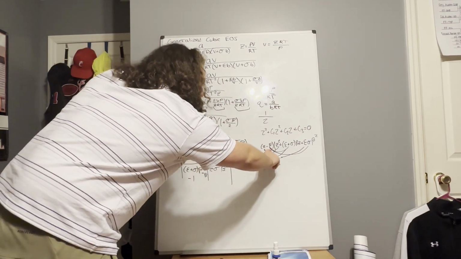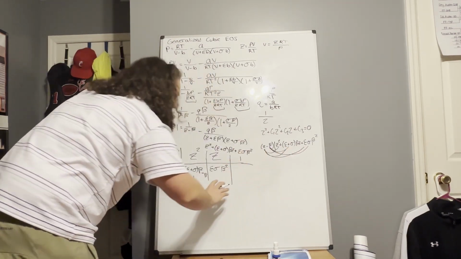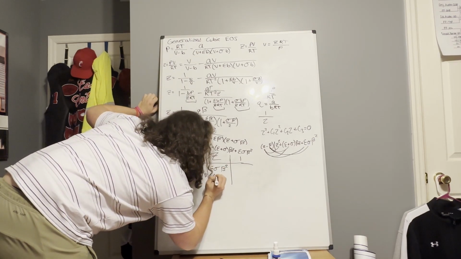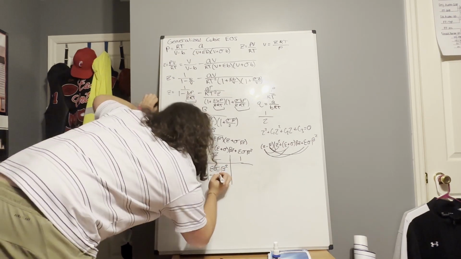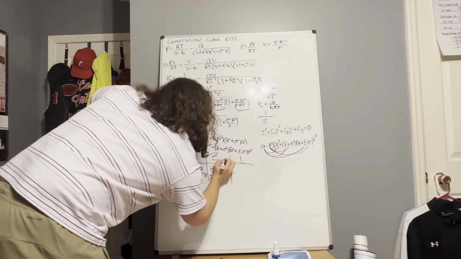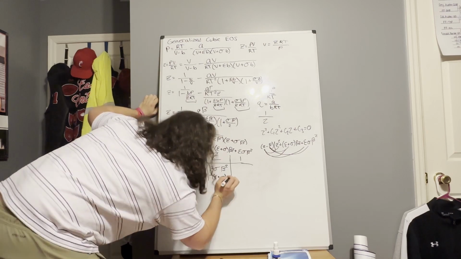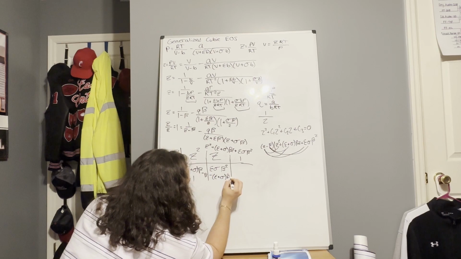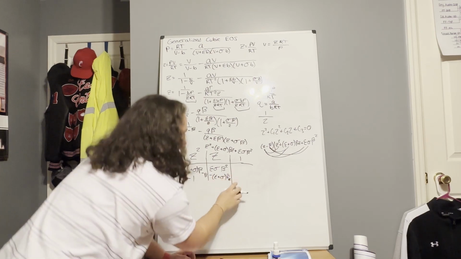And then b times this one is going to give us negative epsilon plus sigma times beta, and that's going to be times z as well.